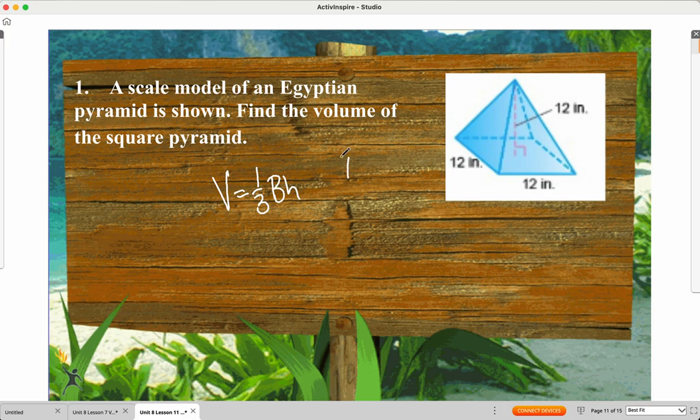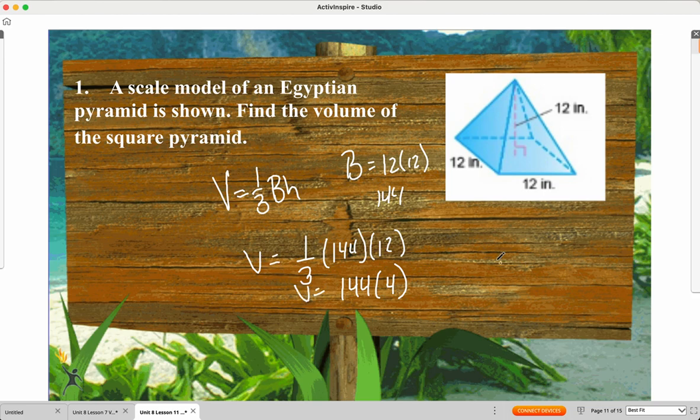Again, big B is base times height in this case, so 12 times 12, that's 144. So 1/3 of 144 times 12. I could do 1/3 of either of these numbers, so I'm gonna do it of 12. 144 times 4, and that means my volume is equal to 576 cubic inches.